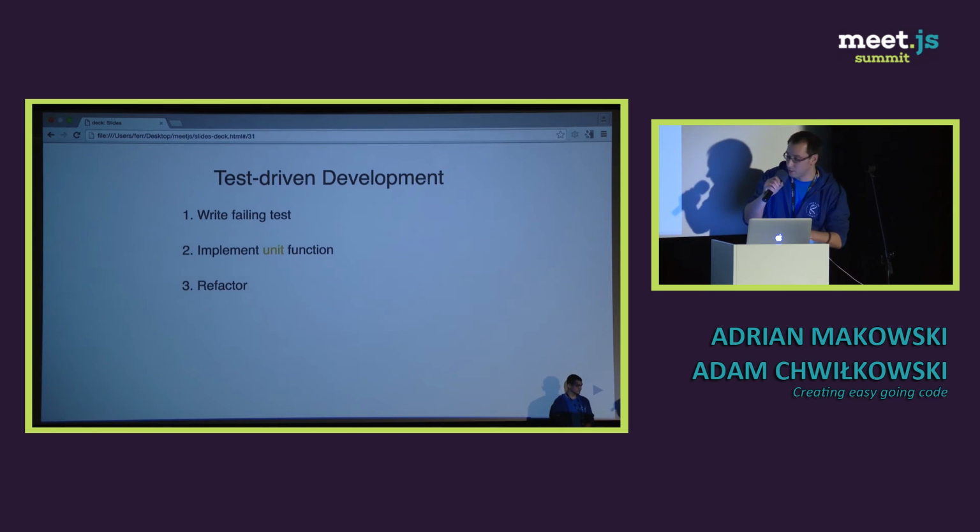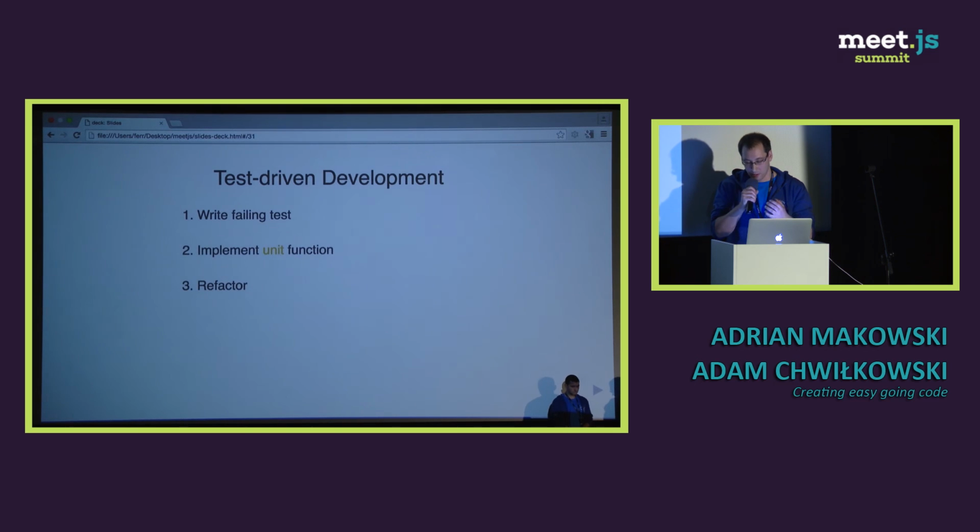And unit is a keyword here, because you need to make sure that your function is without side effects. So when you pass, for example, the number 5 to this function, it always gets you the same output. It won't be mutable. And the 3rd step is refactor.